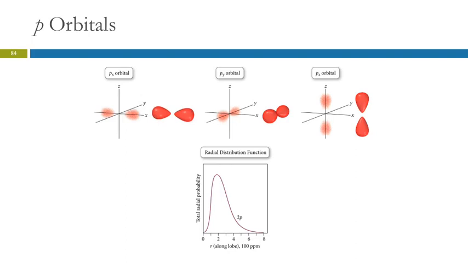This actually looks a lot more like a standing wave to me. There's a node at the nucleus, so it can't be there, and then eventually out here you're going to get to 0.